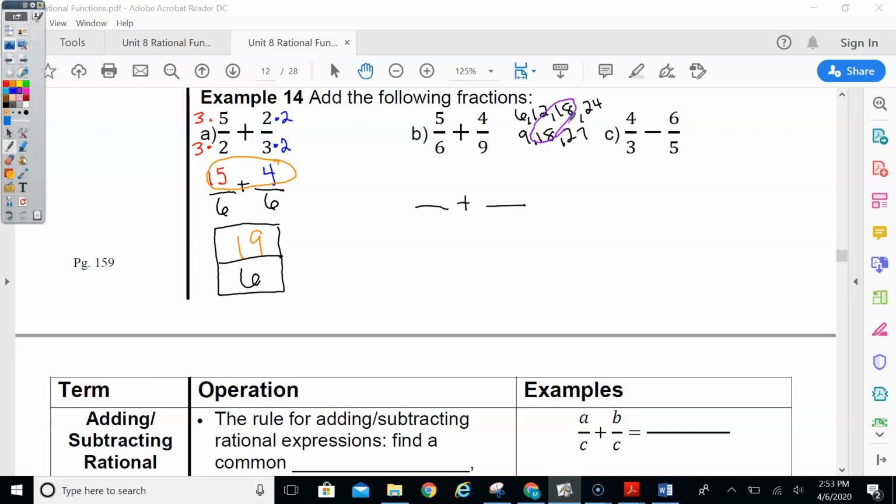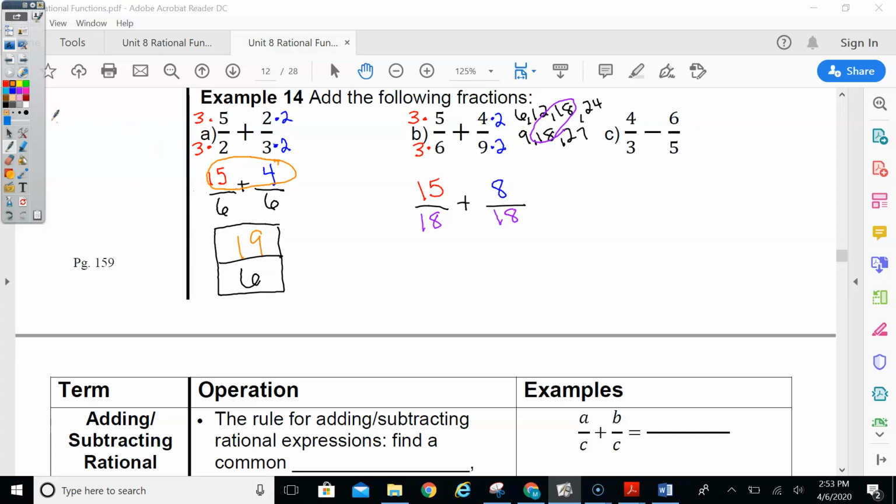So I want to make both denominators 18. What do I have to do to the first fraction to make it 18? 6 times 3. Whatever I do to the bottom, I got to do to the top as well. So 5 times 3 here is 15. And to the second fraction, what do I have to do to 9 to make it 18? Multiply it by 2. So here I get 8 over 18.